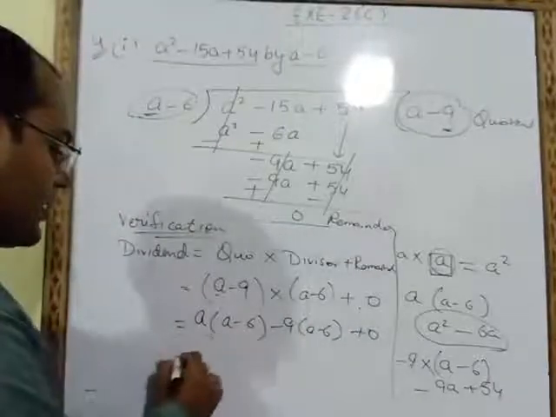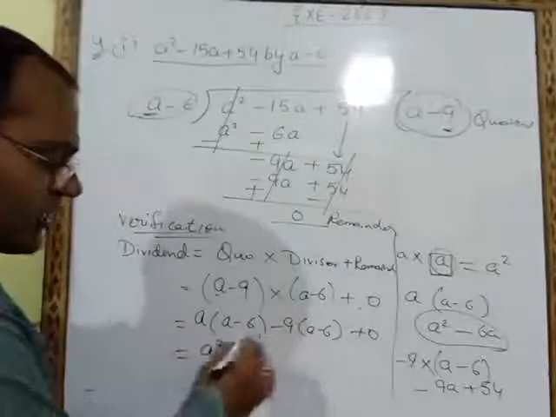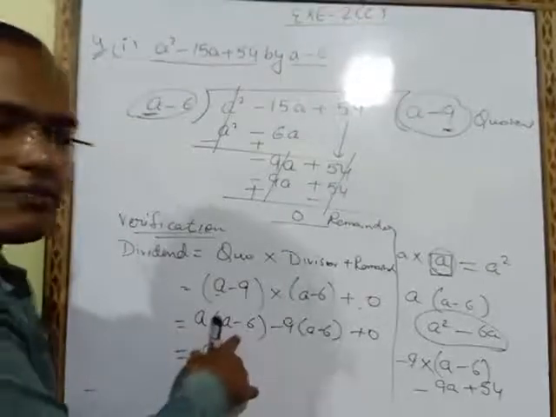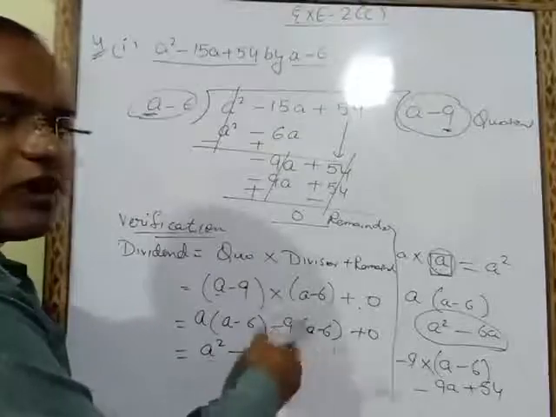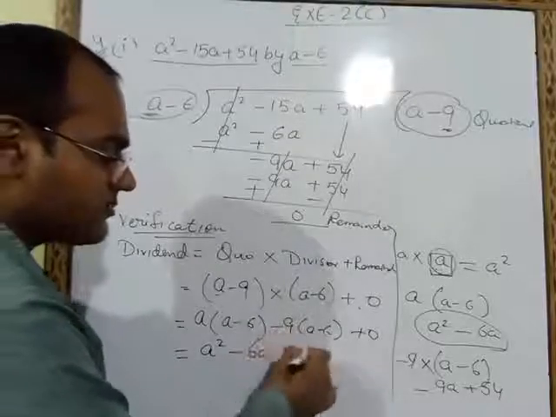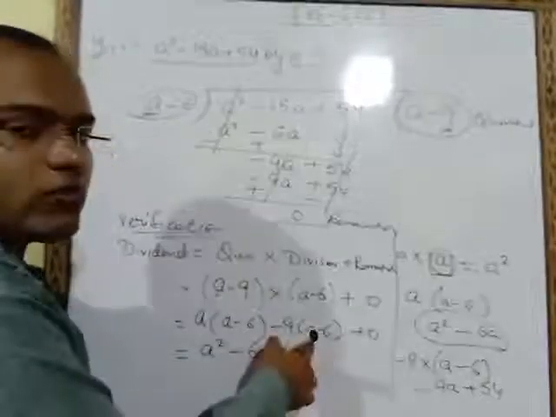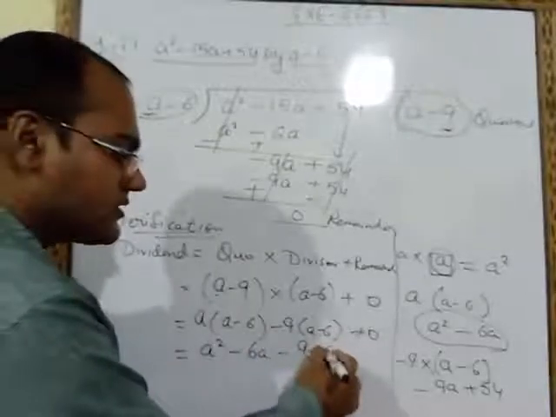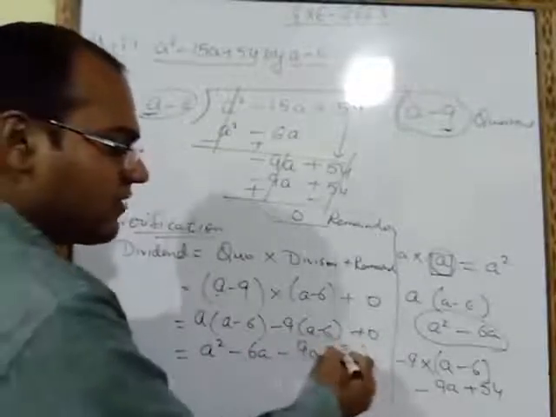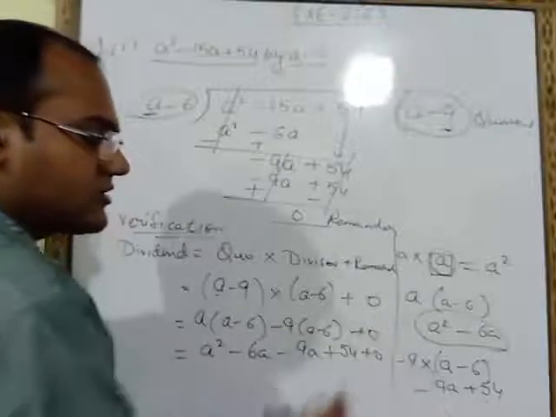Now a into a is a square. Plus minus minus, a into 6, 6a. Now sign minus plus minus, 9 into a, 9a. Minus and minus plus, 9 sixes are 54, plus 0 as it is.